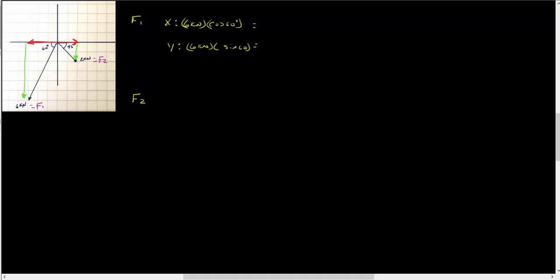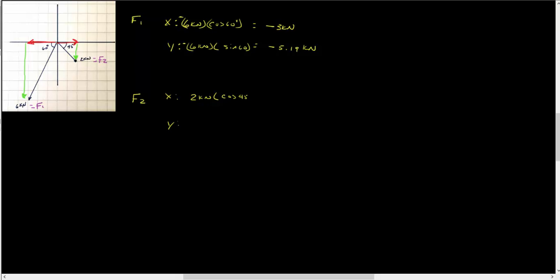And what we get there is this would actually be negative, and this is actually going to be negative. So this here would be a negative 3 kilonewtons, and this here would be a negative 5.19 kilonewtons.